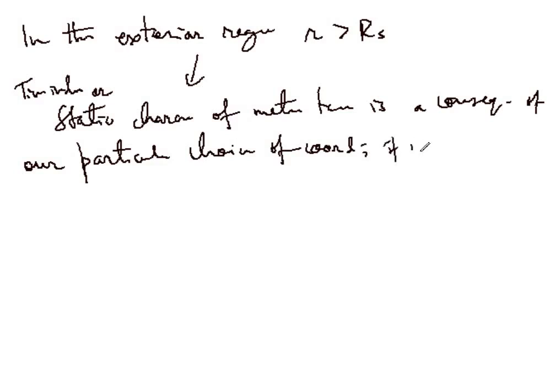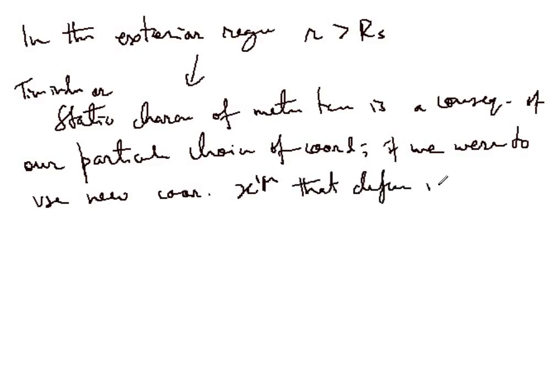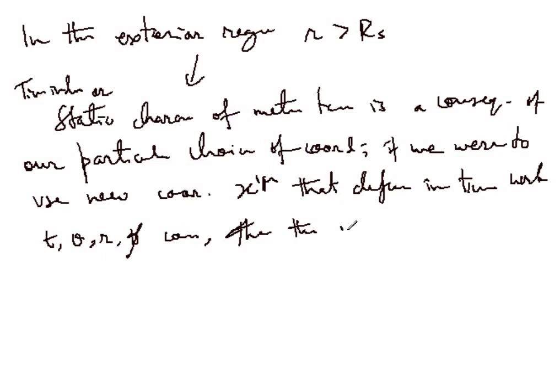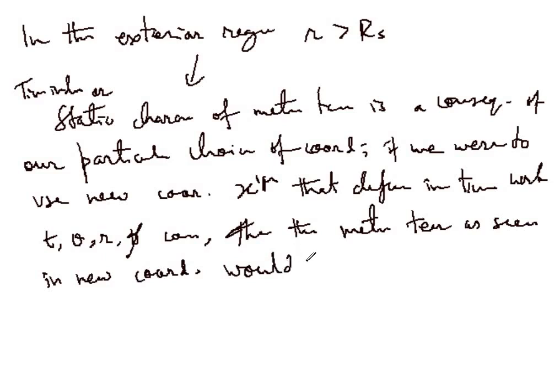Now, if we were to use new coordinates, say x prime mu, that deform in time with respect to the t, theta, r, phi coordinates, then the metric tensor as seen in new coordinates would of course be time dependent.